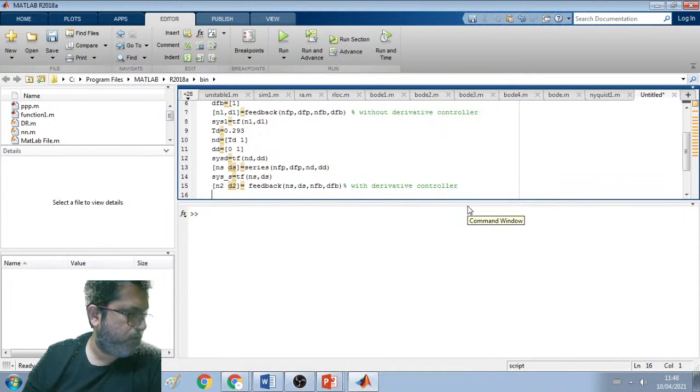So overall transfer function with derivative controller.